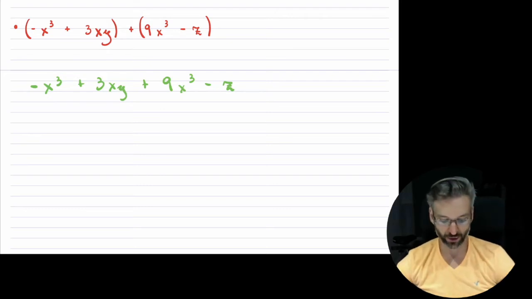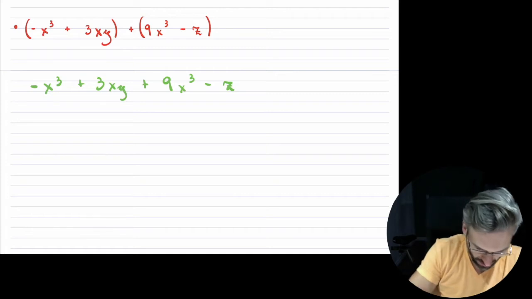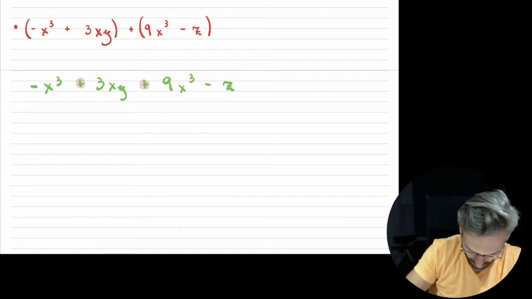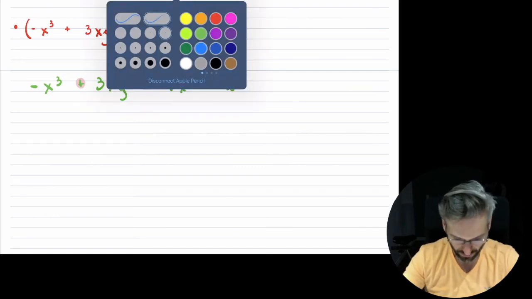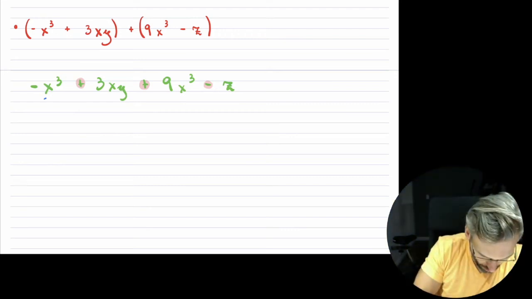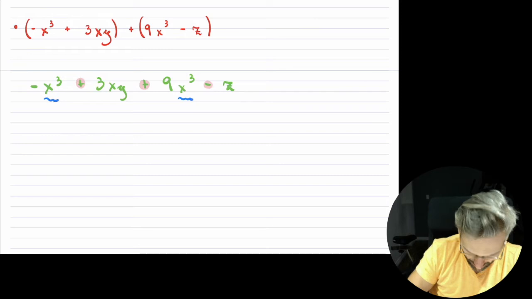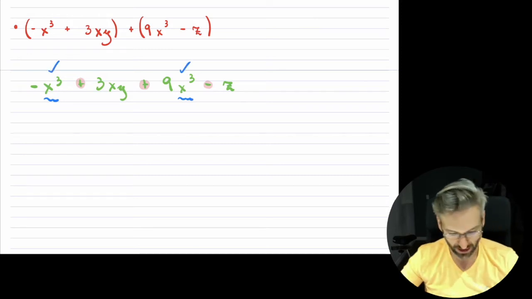So we have a polynomial in this case with four different terms. Again, remember that terms are separated by additions and subtractions here. Now what we're looking for is within these terms to see if we can collect any of them. I right away notice that we have an x cubed here and an x cubed here, so we can definitely collect these.